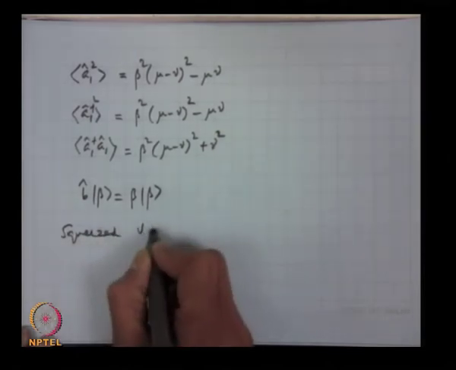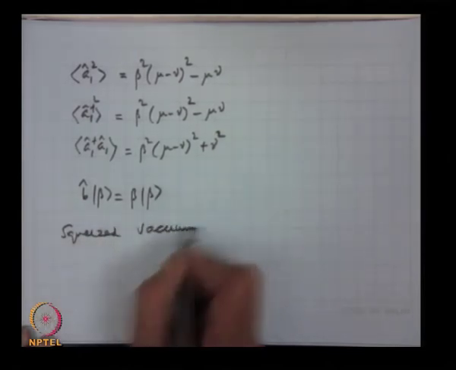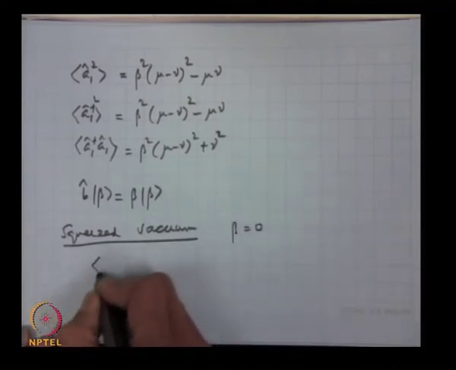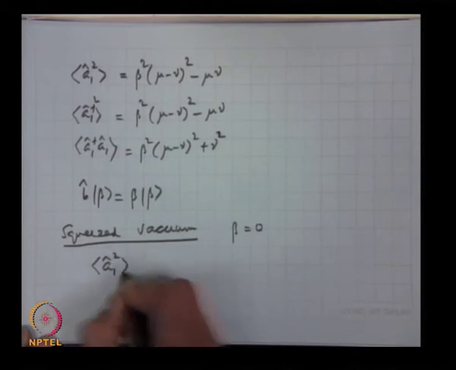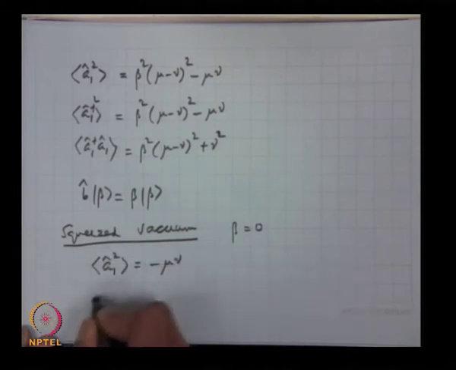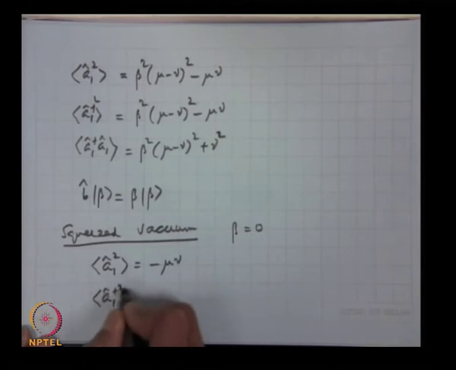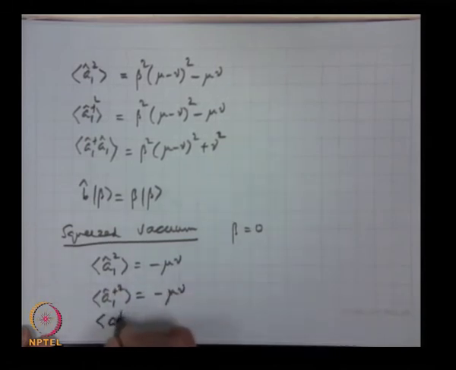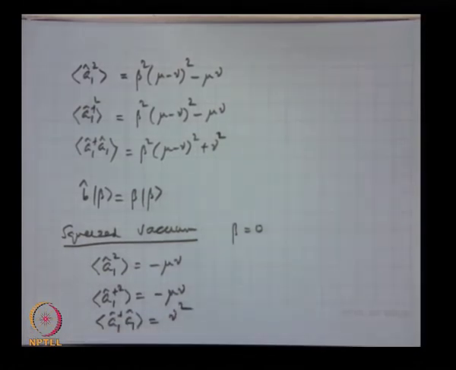We have derived these equations in an earlier class. For squeezed vacuum beta is equal to 0, so the expectation value of a1 square is minus mu nu, the expectation value of a1 dagger square is minus mu nu, and the expectation value of a1 dagger a1 is nu square. These are the three quantities which I would need to calculate the expectation value of n_D square.